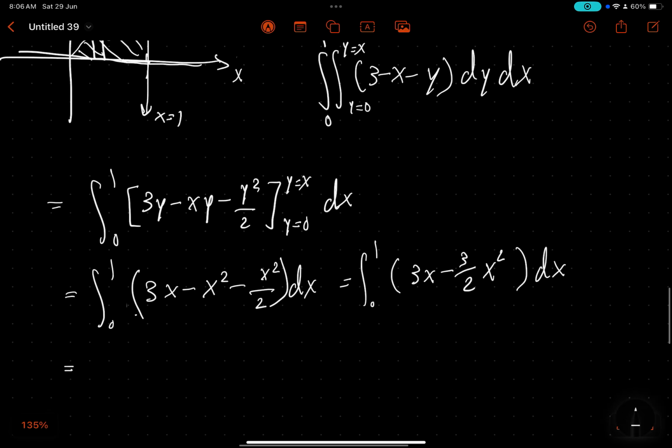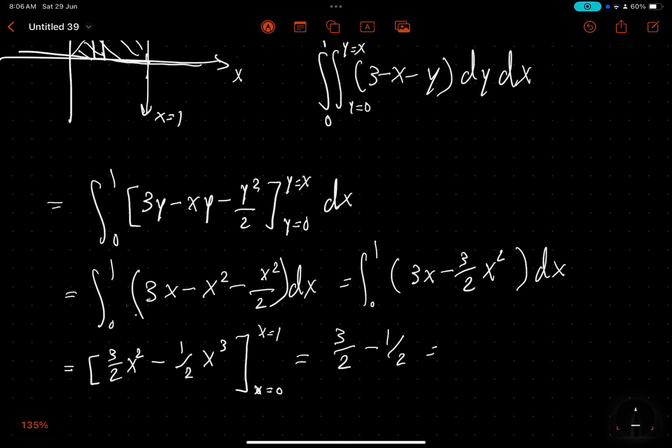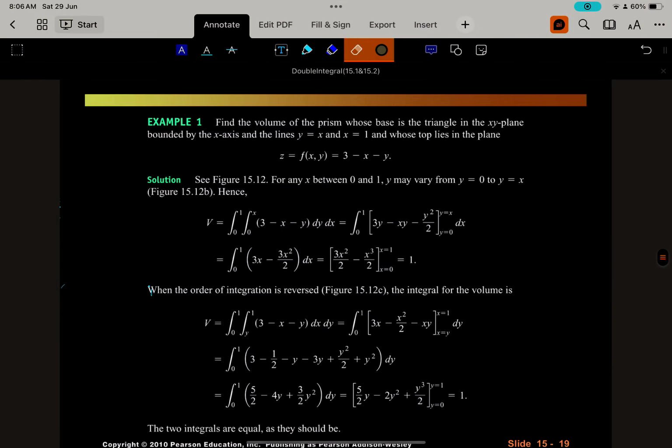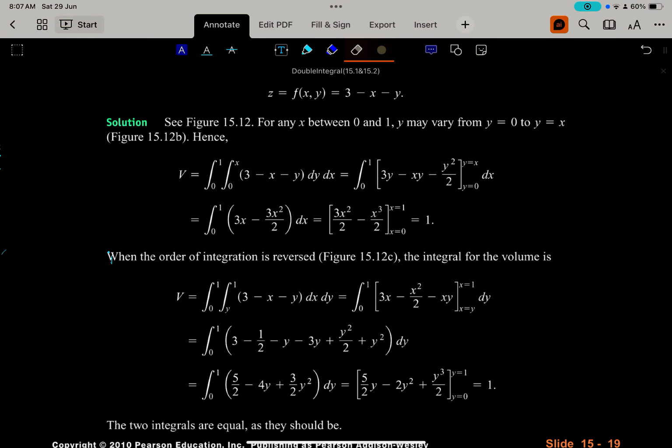And we're going to get 3 over 2 x squared minus 1 over 2 x cubed, from x equals 0 to x equals 1, which is 3 over 2 minus 1 over 2, which is 2 over 2, or 1. And that's our answer, that's our volume, exactly as we got it here.